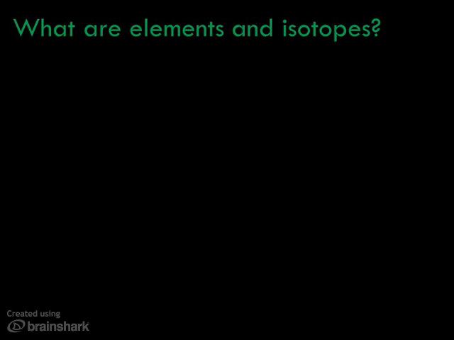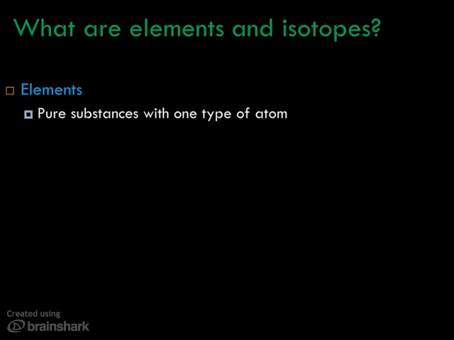Now, as we said, elements are pure substances with only 1 kind of atom. There are about 24 to 26 commonly occurring elements, but there are over 100 known elements. Many of these exist in only trace amounts in the crust or the atmosphere, and some exist only in laboratories.